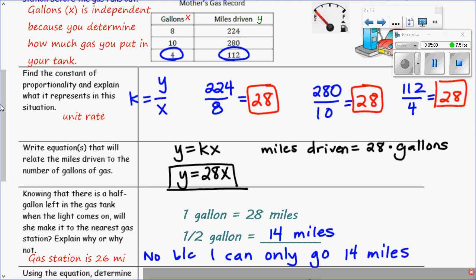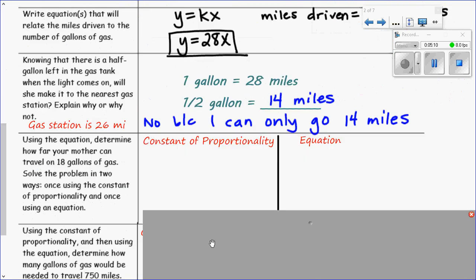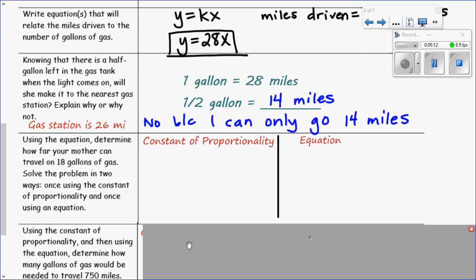Okay, so now we're going to use that equation to determine how far we can go on 18 gallons. We're going to solve it two ways. We're going to use the constant of proportionality and we're going to use an equation. Well, I just got done talking about the equation, so let's actually write that down. Okay, so y equals 28 times. What is 18 gallons? Is that x or y?